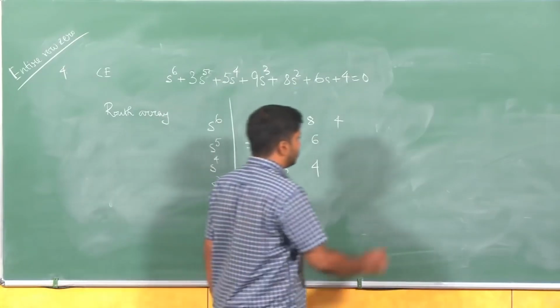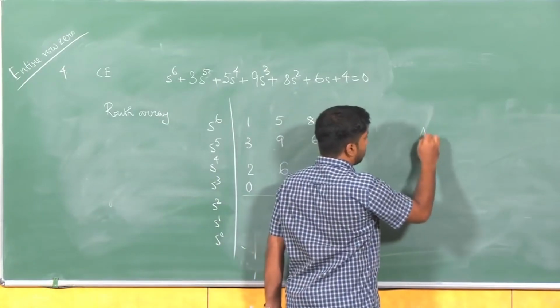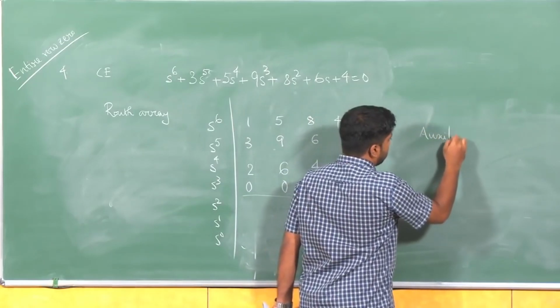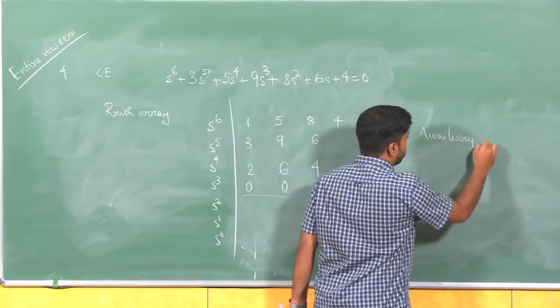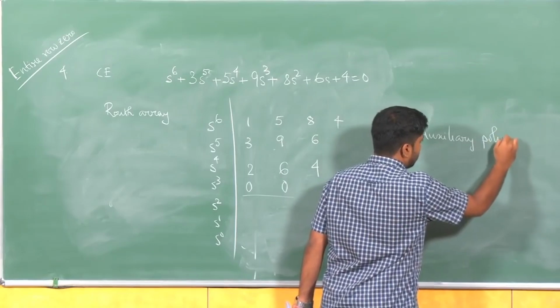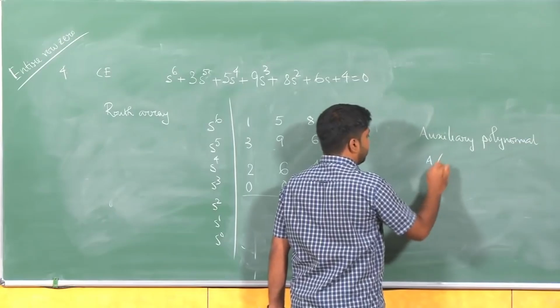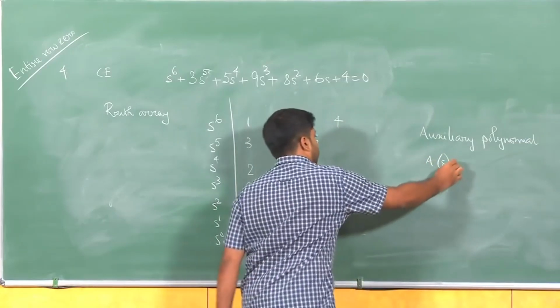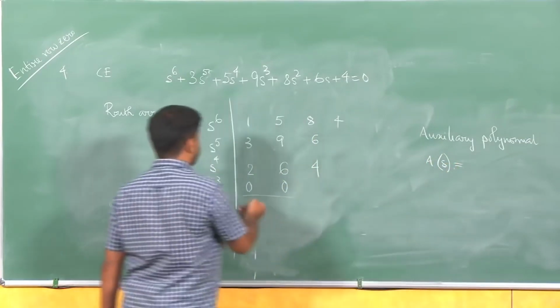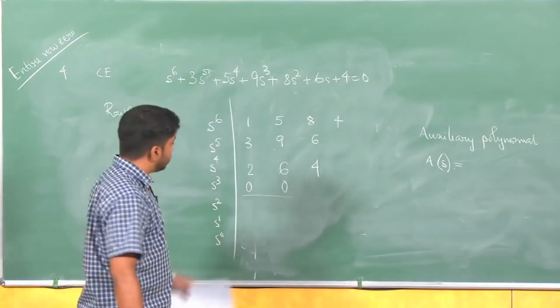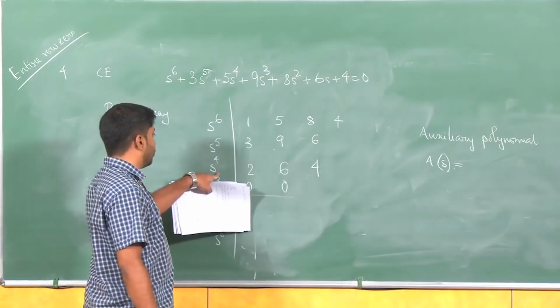So, what we learnt is we consider an auxiliary polynomial A(s), and we go to the immediately upper row, which is for s to the power 4.